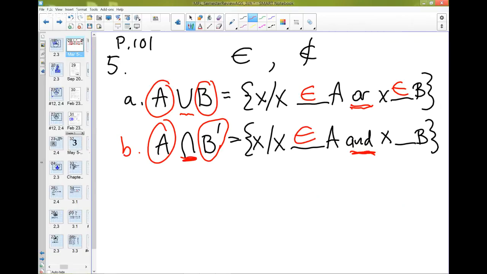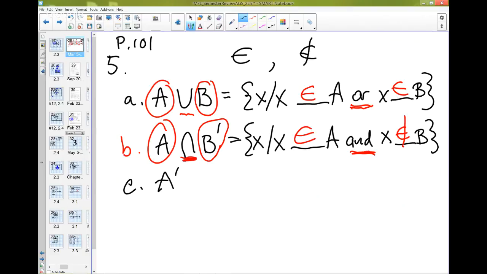Outside of B. So that little apostrophe gets translated as not an element. Question so far? Michelle? Okay, can we do C then? Yep, I just wanted to see if you're okay with B.